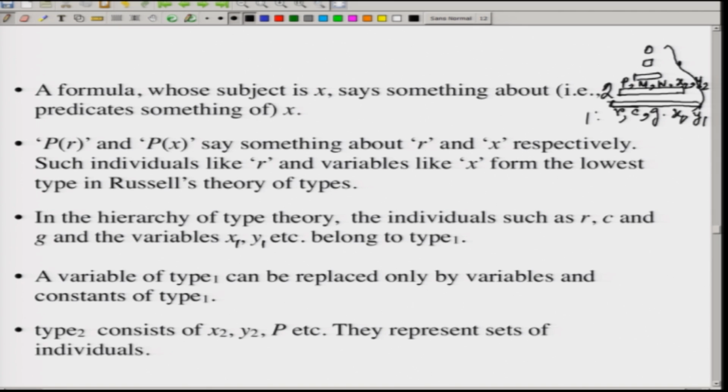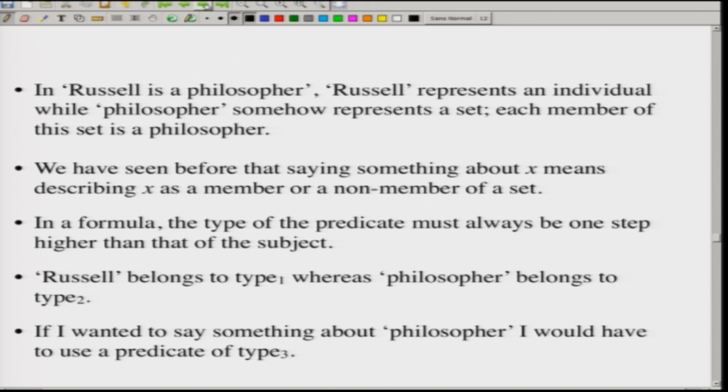So, now the moment you see 2, you know that it is one level up. They represent sets of individuals, and now in Russell is a philosopher, Russell represents an individual, while philosopher somehow represents a set.